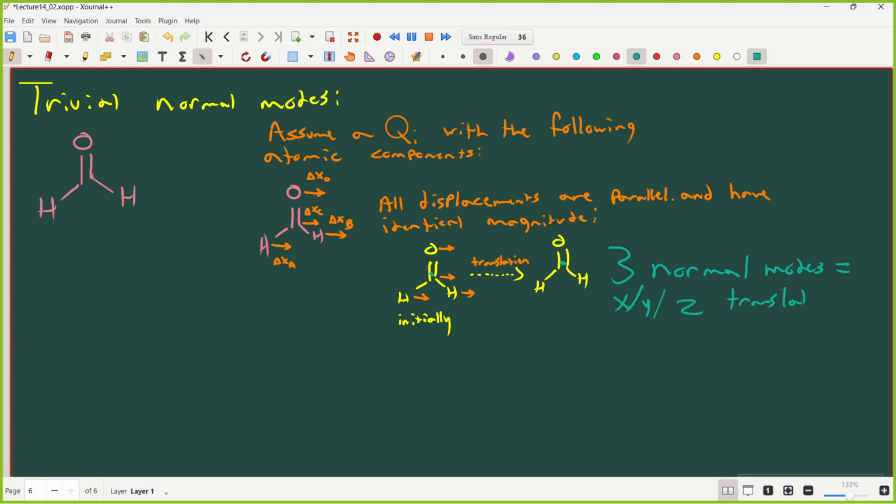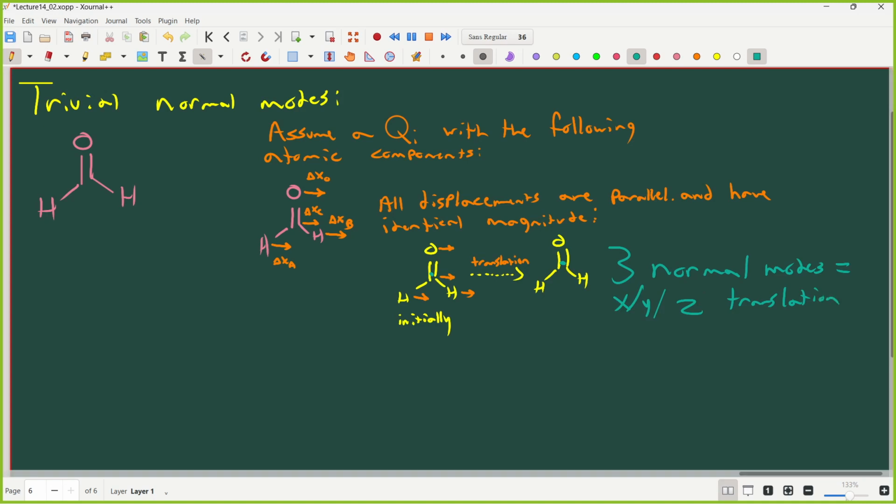That's not vibration. That's just the molecule moving in space. So that's nice. We don't have to worry about those, because 3 of the modes are just translation, and if we're going to fix the molecule in place, they're not important anyway.